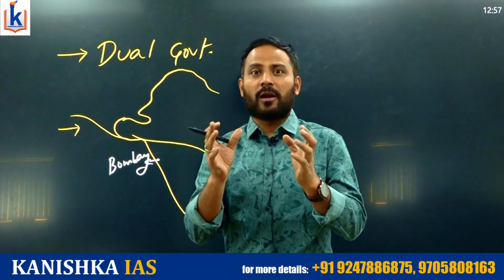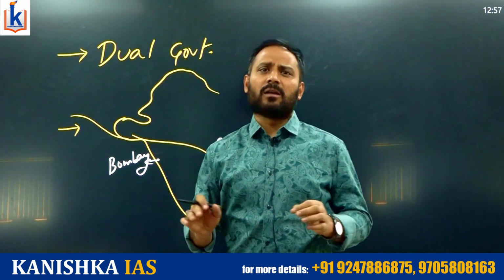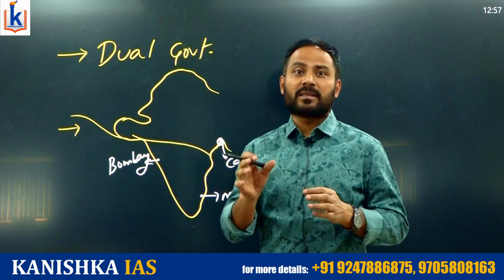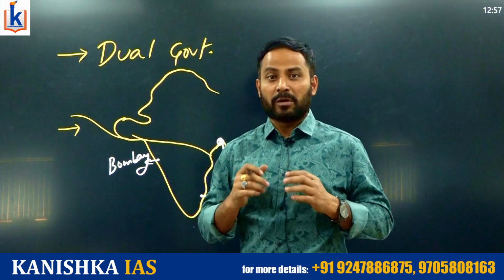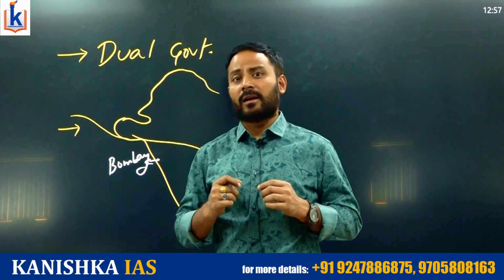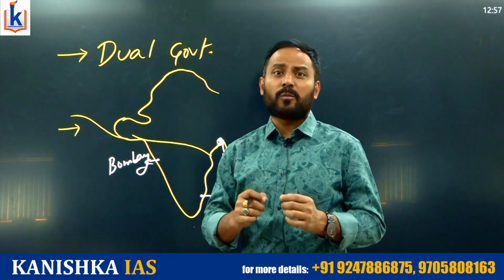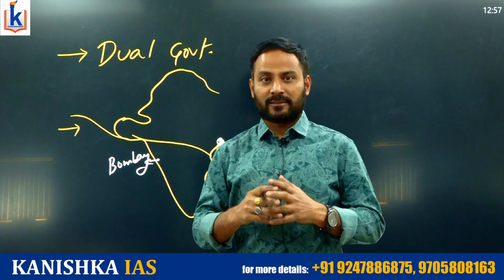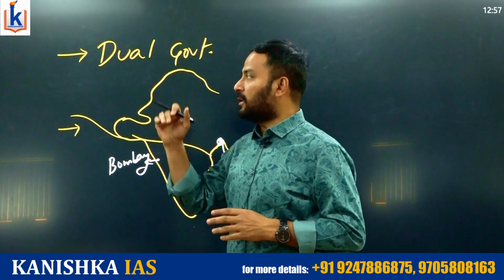This is the dual government, and it miserably failed in handling the 1770 Bengal famine. Because of this, the British government and the English East India Company became highly unpopular and accumulated disgrace.